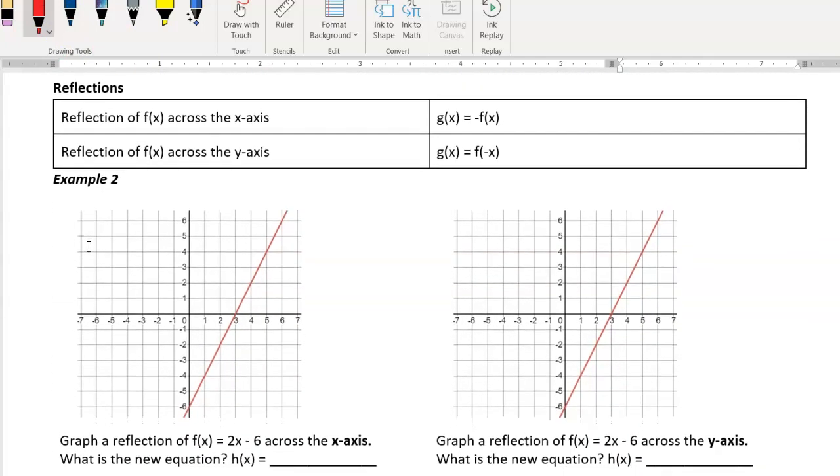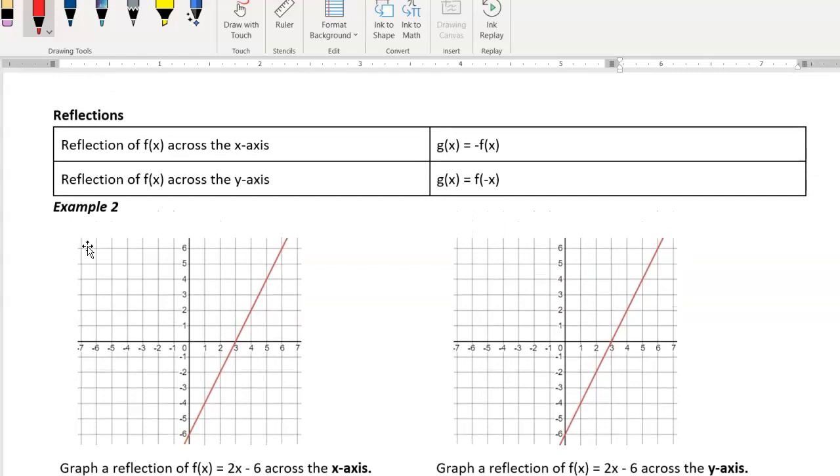All right, so that was a translation. Now let's talk about a reflection. We could have a reflection across the x-axis or across the y-axis. A reflection across the x-axis is going to look like this, where you notice the difference between the original function and this other function is that the outputs switch signs.